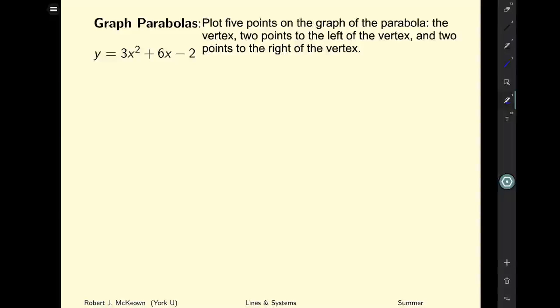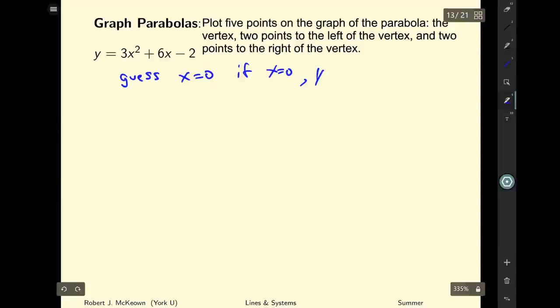So for trial and error, I will just guess that x is equal to 0. If x is equal to 0, y in this case is going to be equal to -2. Parabolas have certain properties that are going to help me with my guess. I know that this parabola, the square term is positive.